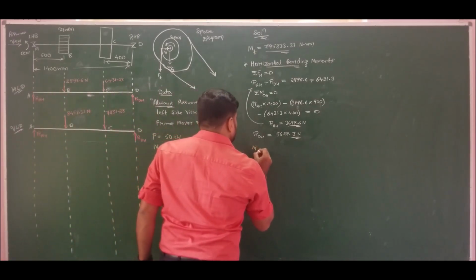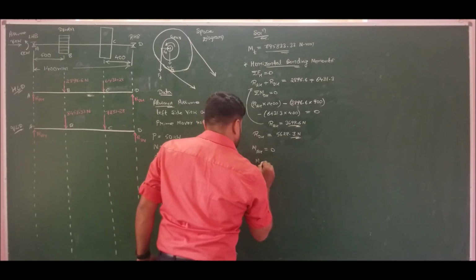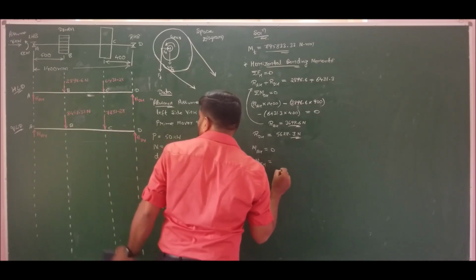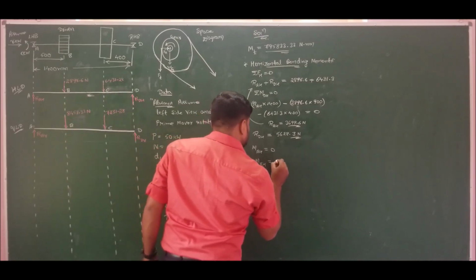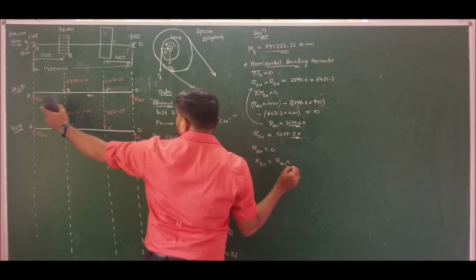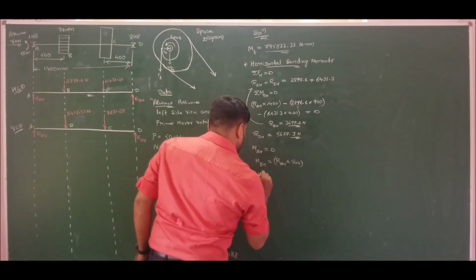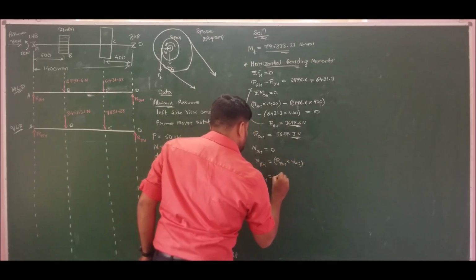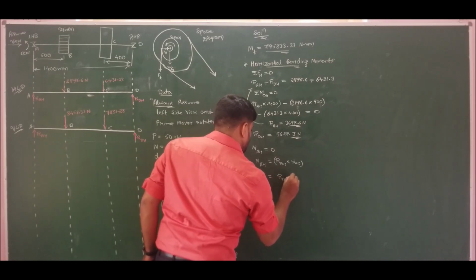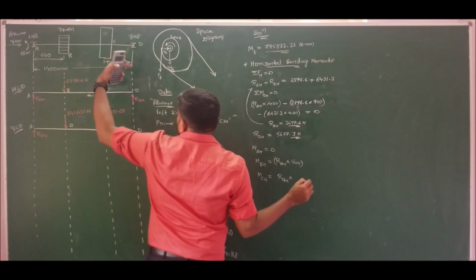Now moment about A horizontal is 0. Moment about B horizontal will be RAH into the distance, 500. Next, moment about C is RAH into distance 1400 minus 400 is 1000.